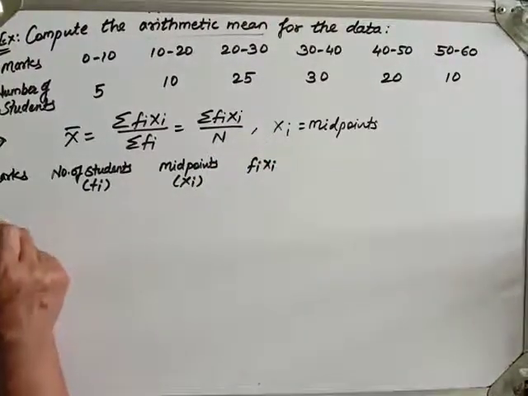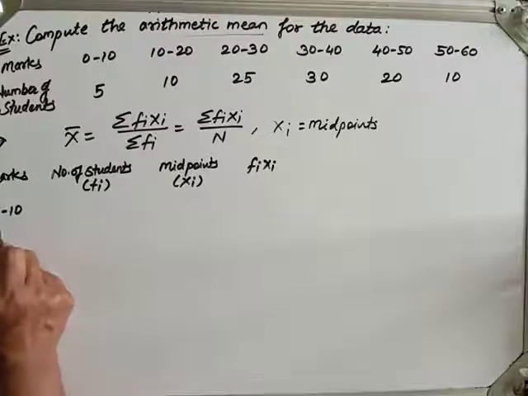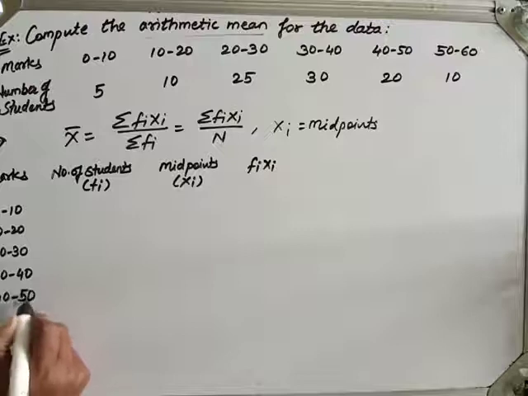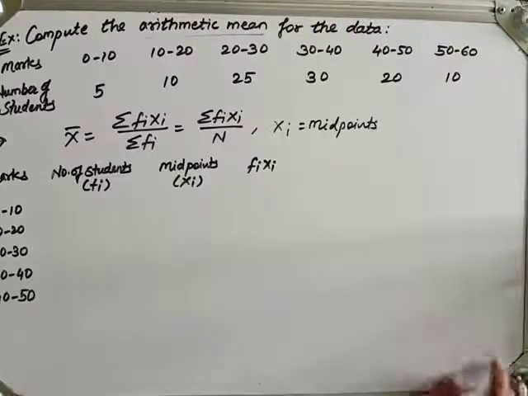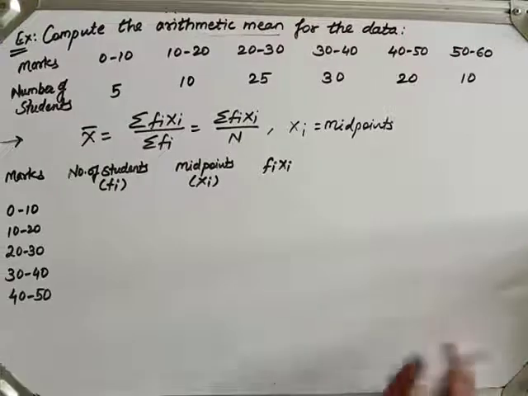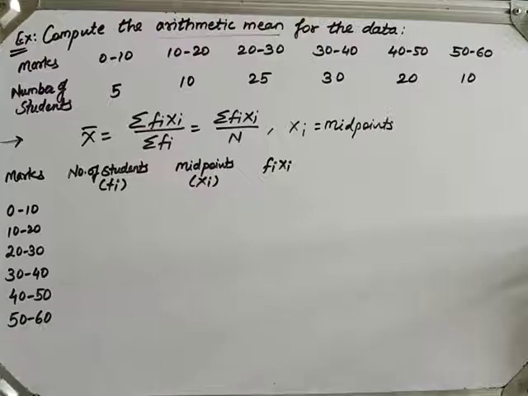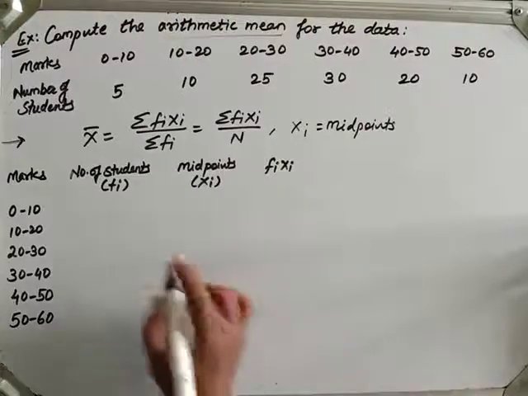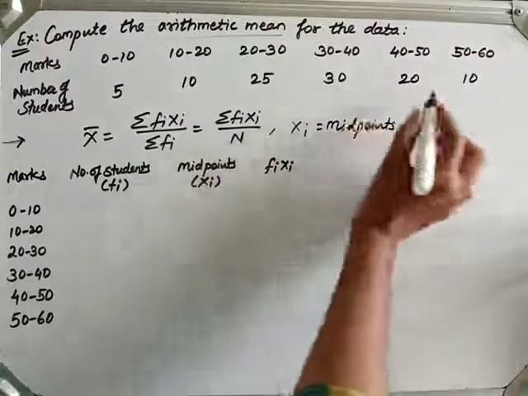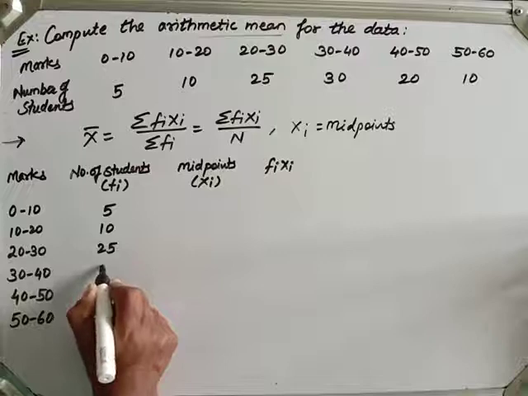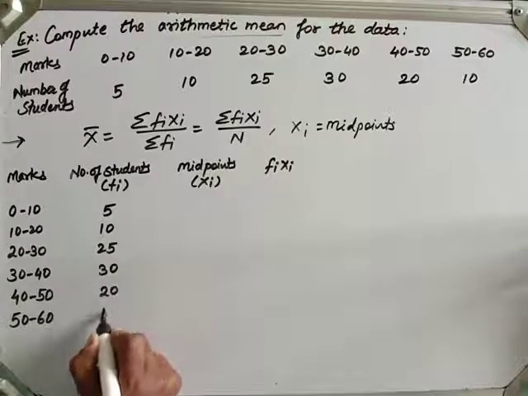So marks are 0 to 10, 10 to 20, 20 to 30, 30 to 40, 40 to 50 and 50 to 60. Now the frequencies given for each one are 5, 10, 25, 30, 20 and 10.